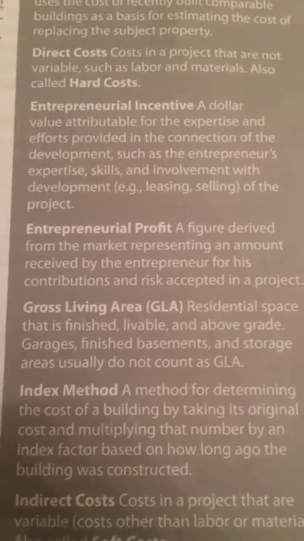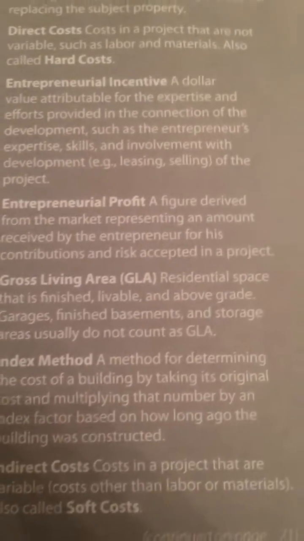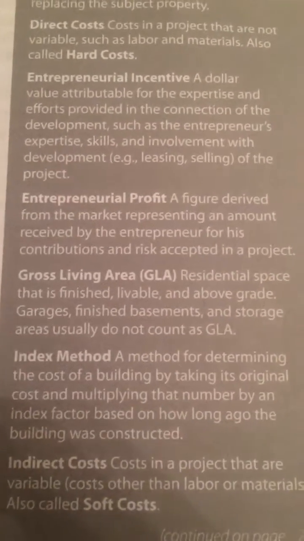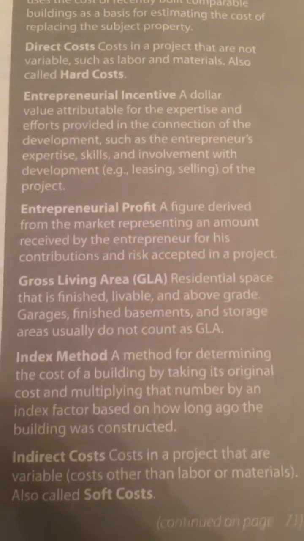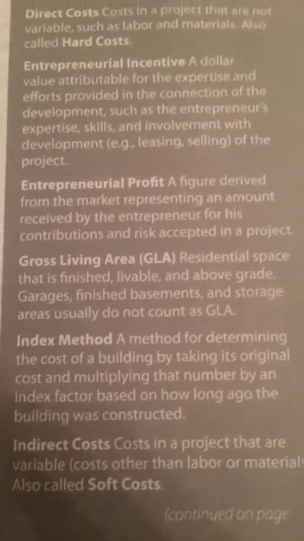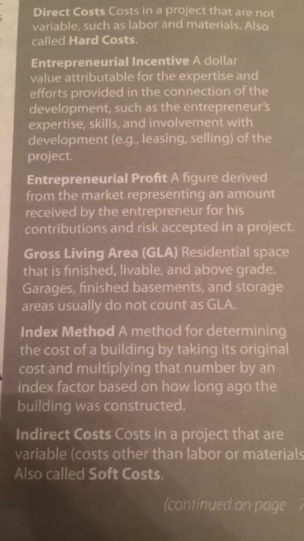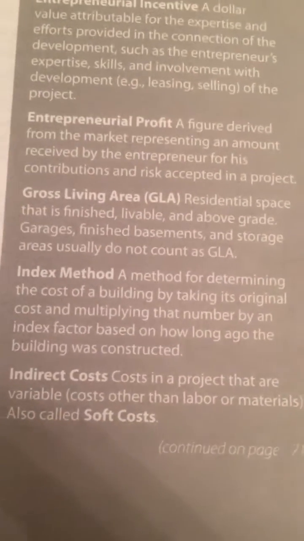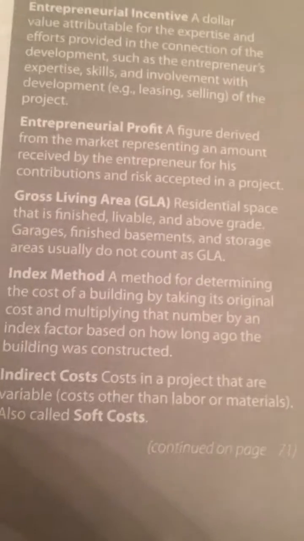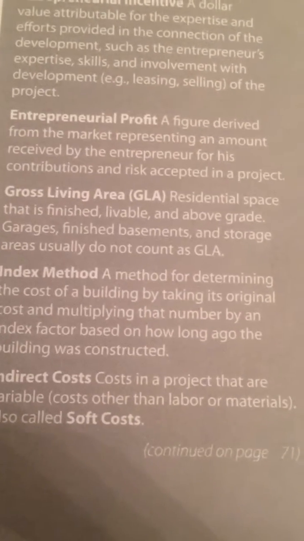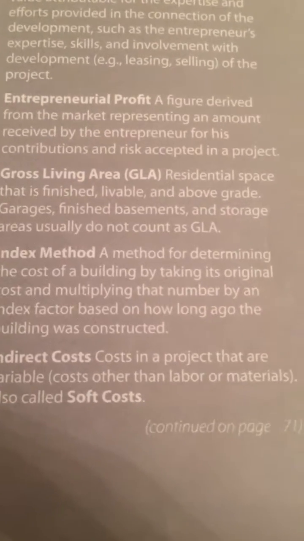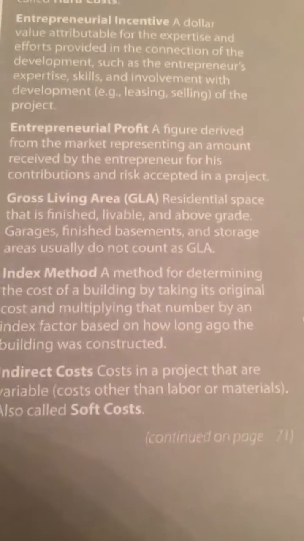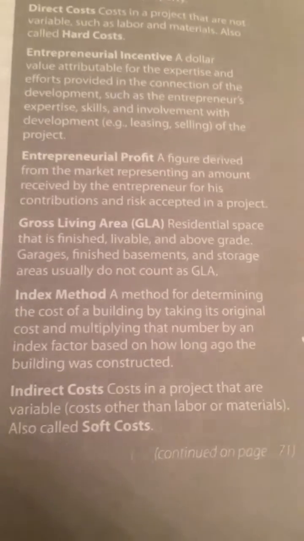Gross living area, GLA, residential space that is finished, livable, and above grade. Garages, finished basements, and storage areas usually do not count as gross living area. Index method, a method for determining the cost of a building by taking its original cost and multiplying that number by an index factor based on how long ago the building was constructed.